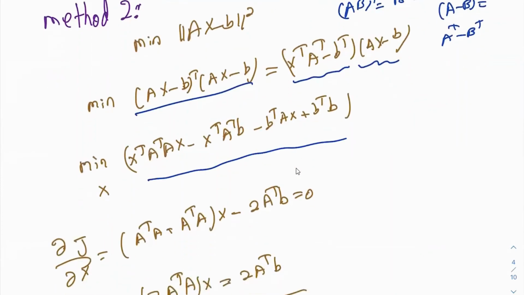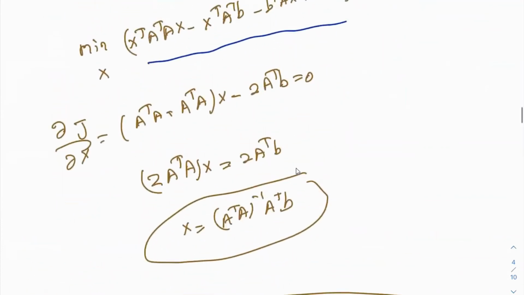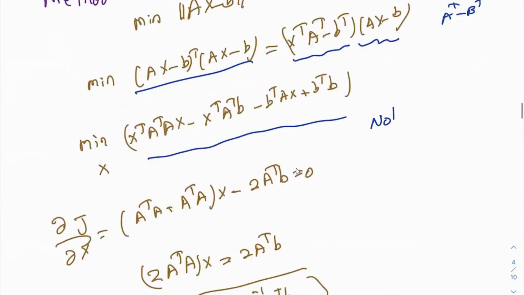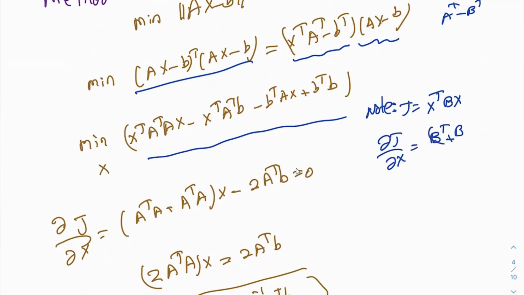Now you're going to go ahead and take the derivative with respect to x. A couple of notes. Note one: if you have x transpose Bx, and this is your J, then the derivative of J with respect to x is going to be B transpose plus B times x. You can derive this.